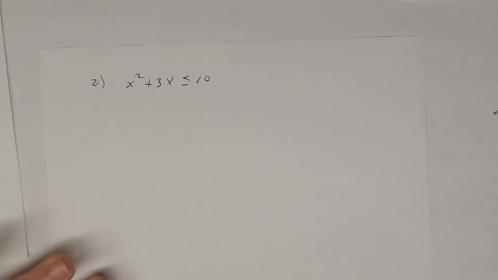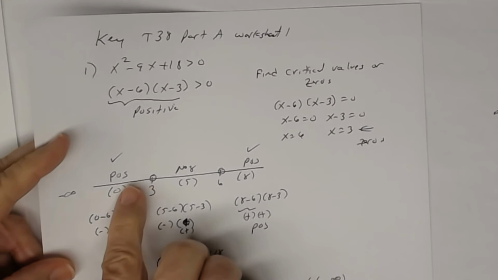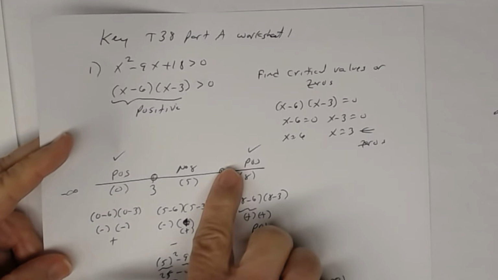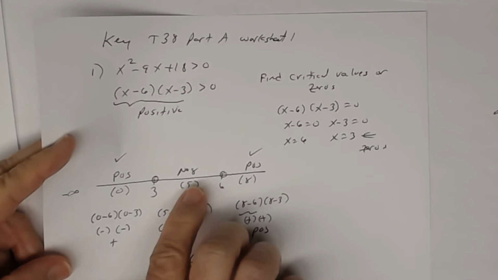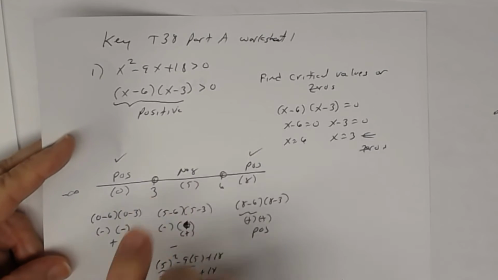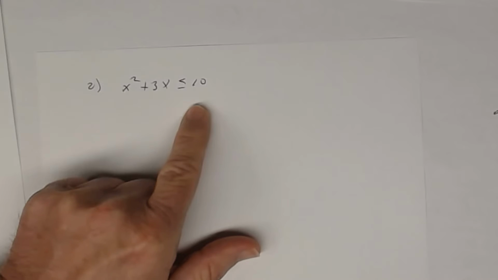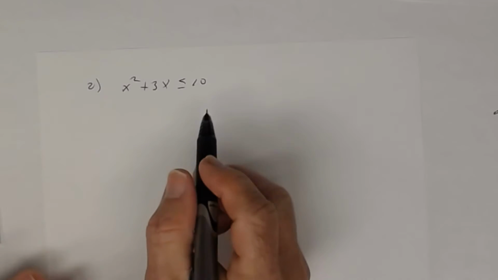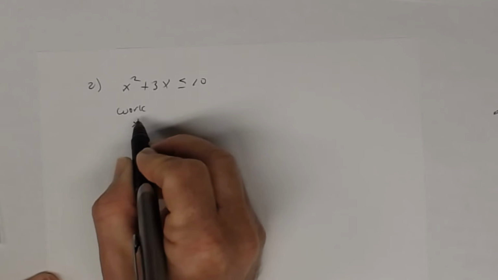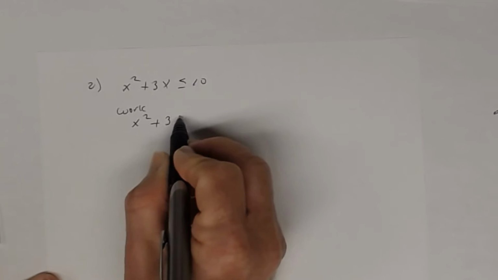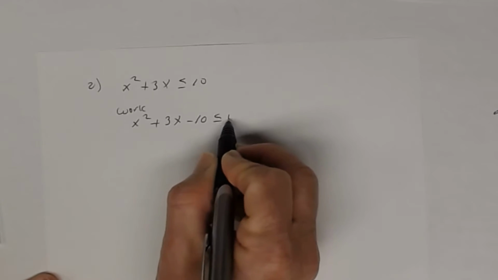All right, so remember, whenever you're using this approach, the positive, negative, you've got to make sure that zero's on this side. So you have to make sure zero's on that other side. It's not here, so you've got to bring that 10 over. So your first thing you're going to do is say x squared plus 3x minus 10 is less than or equal to 0.